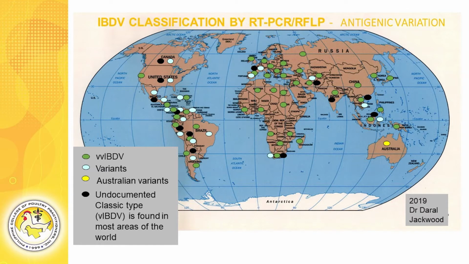The variants are mainly described in the American continent, sporadically in Europe, South Africa, and they have lately been reported also in China, South Korea and Japan, Australia, with their own variants, and the new recombinants or undocumented types, represented here by the black dots, are found in different parts of the world as well.